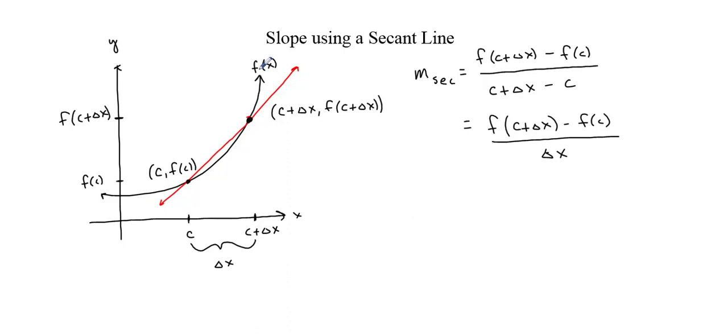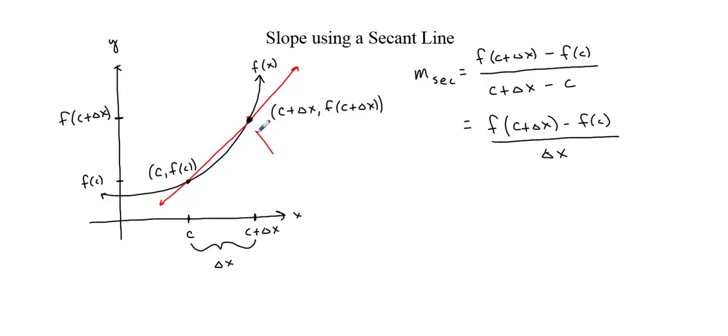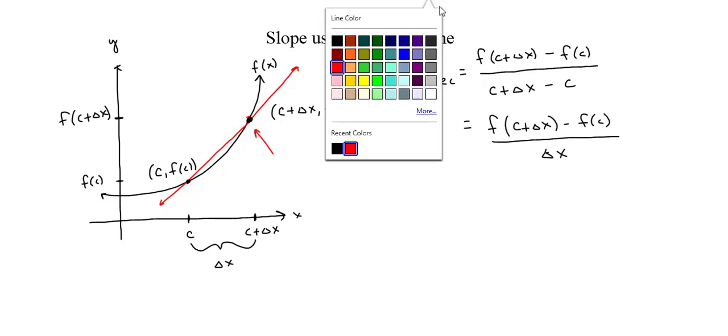Now, let's say we want the slope of the tangent line right here. I want the slope of the tangent line. And I better make that a different color. Let's go with maybe green.